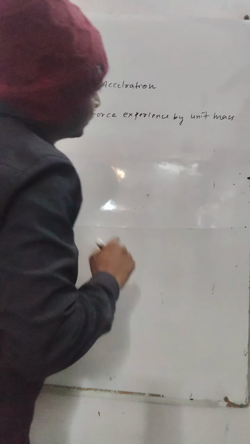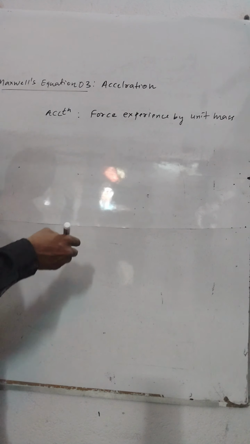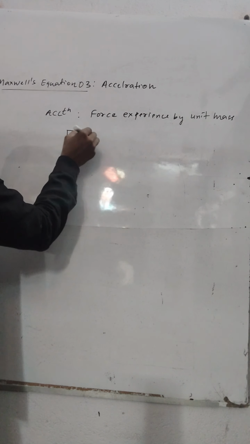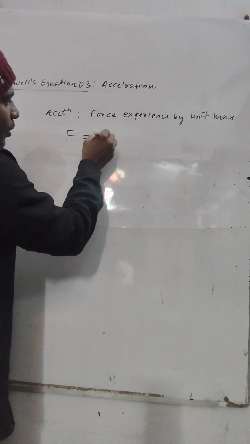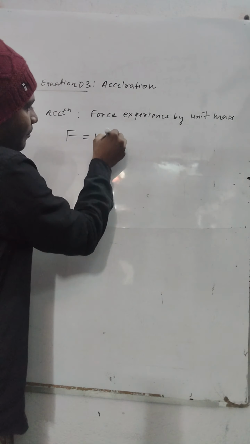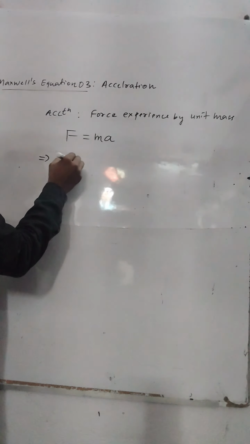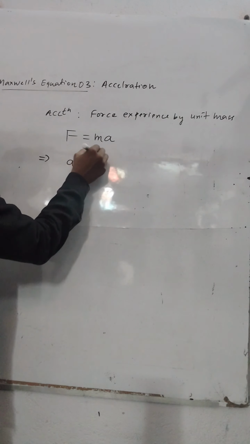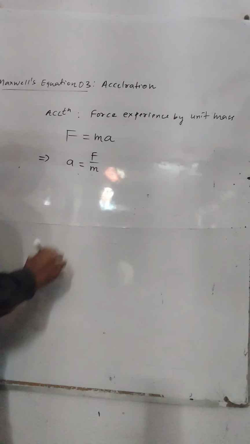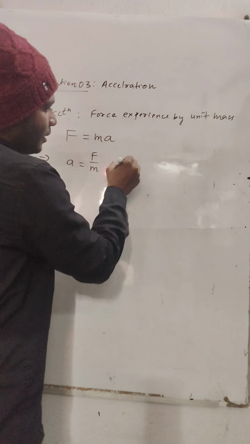The force experienced by unit mass is also called acceleration. These are the same things. This is derived from Newton's second law, which states that force on a body which has mass m and acceleration a is F equals m a. From here I can say that acceleration is equal to force per unit mass.